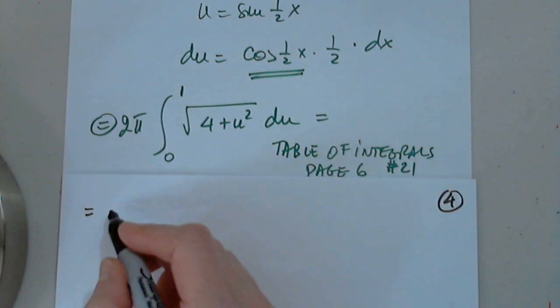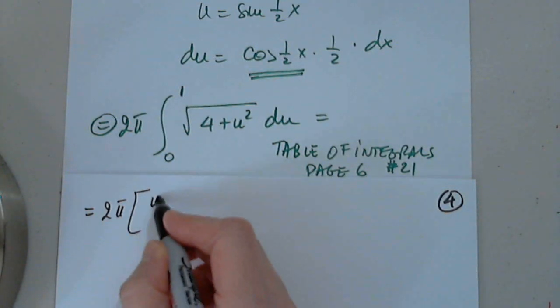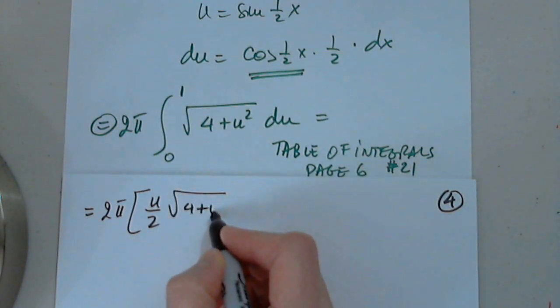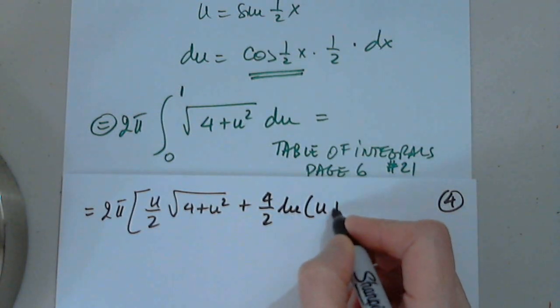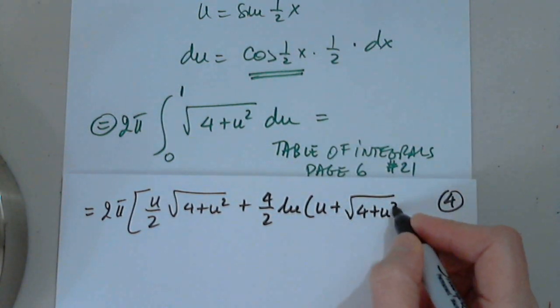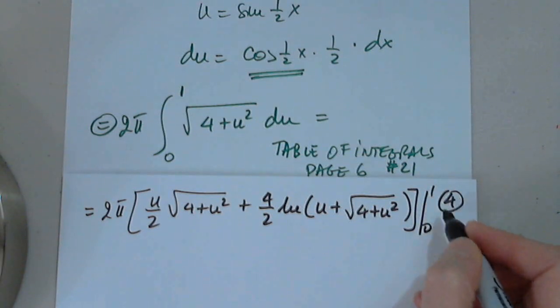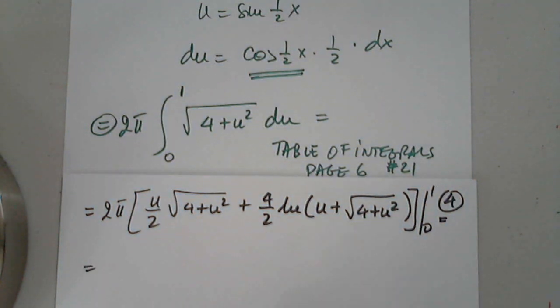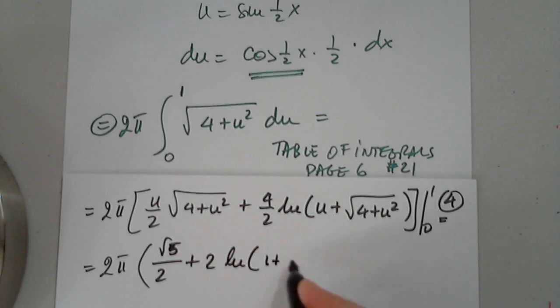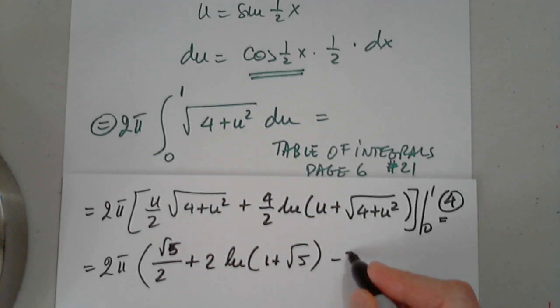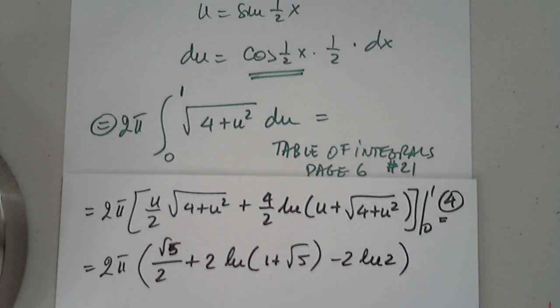And we are getting 2 pi, u divided by 2, the square root of 4 plus u squared, plus 4 divided by 2 natural log of u plus the square root of 4 plus u squared, everything from 0 to 1. And we get 2 pi, and the square root of 5 over 2 plus 2 natural log of 1 plus the square root of 5 minus 2 natural log 2. When you plug in 1 and then subtract when you plug in 0.